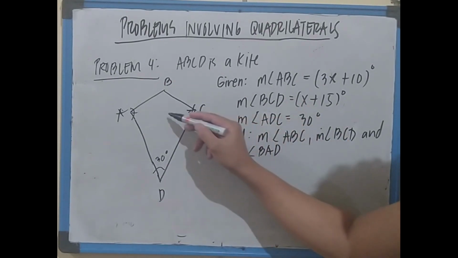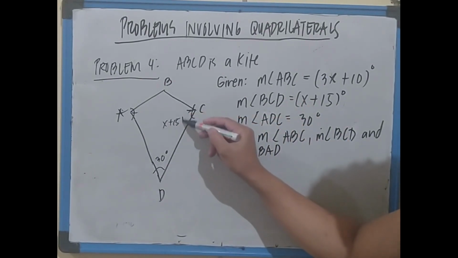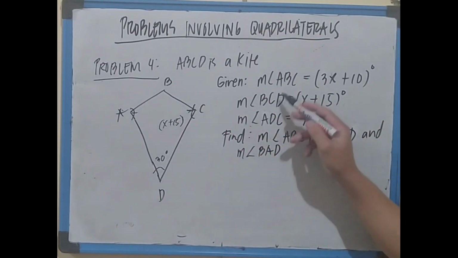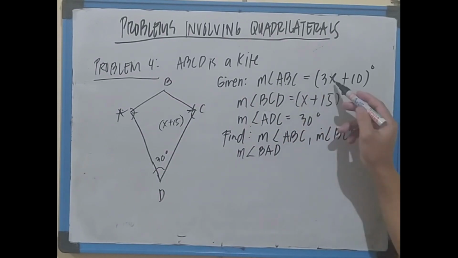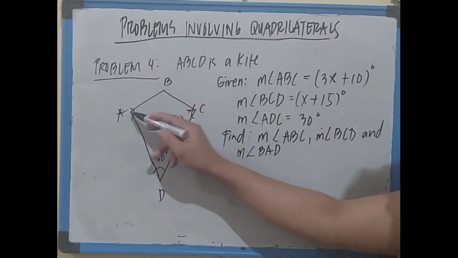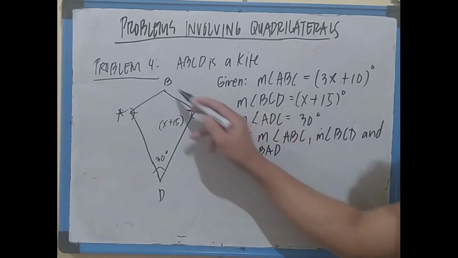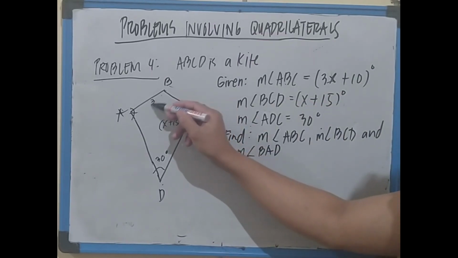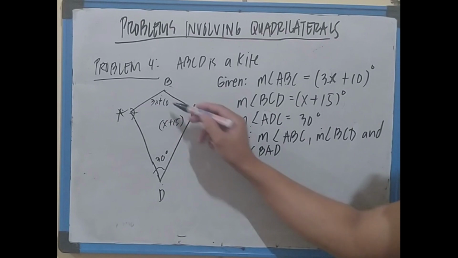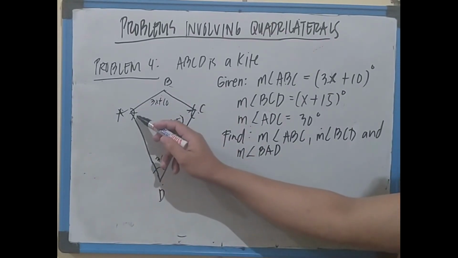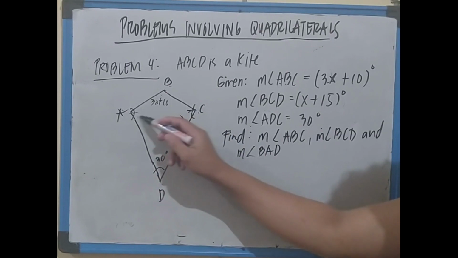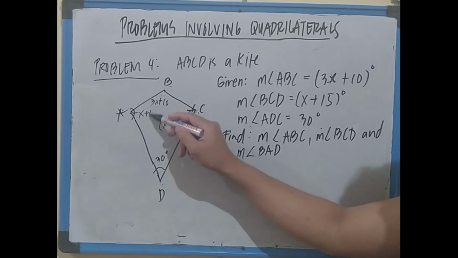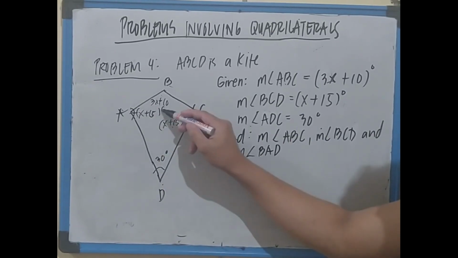Also, ABC is 3x plus 10. So, here we have 3x plus 10. Now, ito guys, walang sukat ito, pero automatic, since parehas lang silang dalawa, if this is x plus 15, this is also x plus 15 degrees.